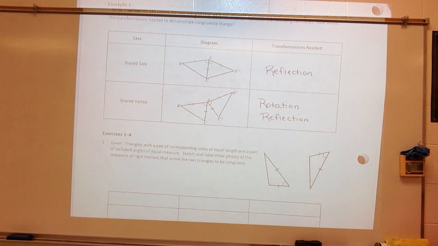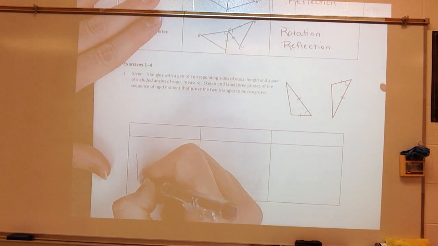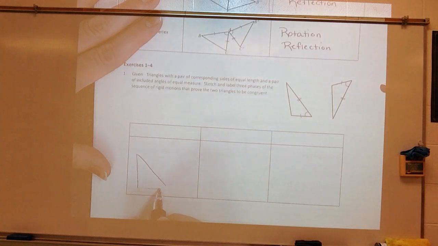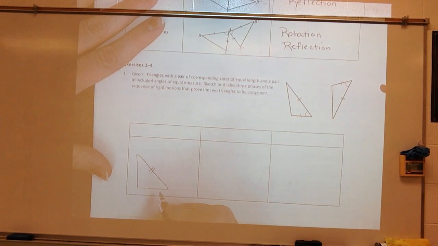Given triangles with a pair of corresponding sides of equal length and a pair of included angles of equal measure, sketch and label 3 phases of the sequence of rigid motions that would prove the 2 triangles to be congruent. Here's my original, and mine are not going to be perfect, but that's okay. I don't expect yours to be perfect, so hopefully you're not going to expect mine to be perfect.